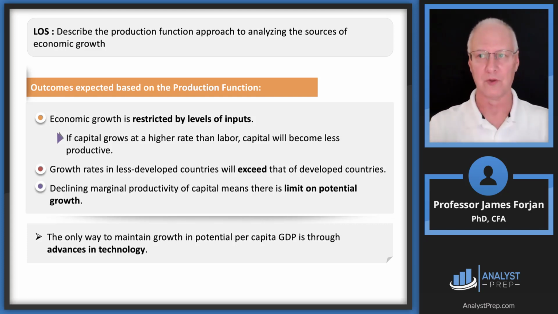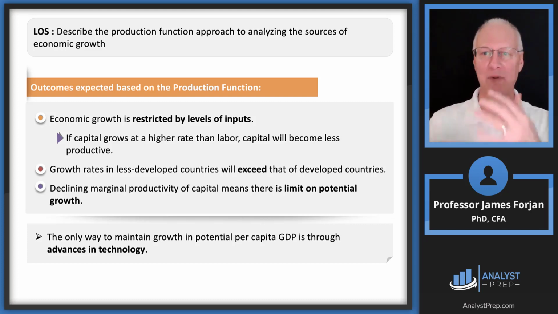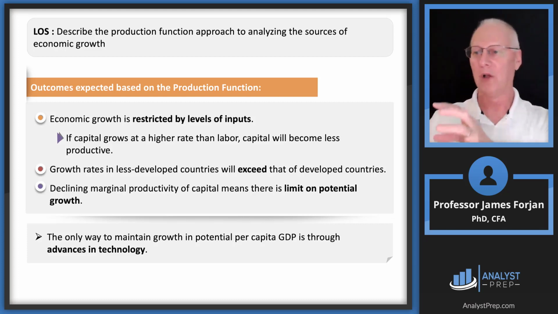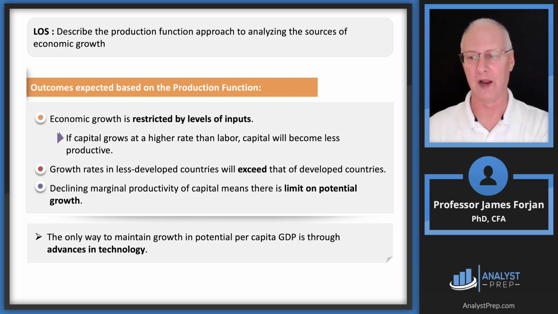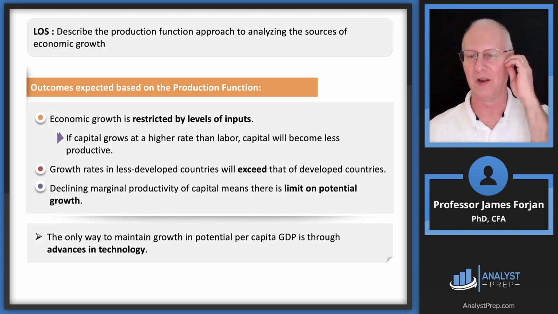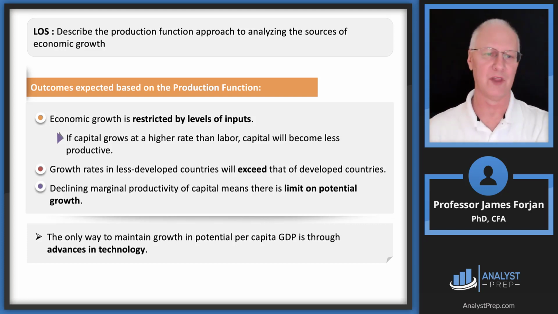We have 100 workers and we have the capacity for 150. Well, let's suppose that all of a sudden, for some crazy reason, we put 1,000 workers in there. So the labor market is growing more than the capital market is growing. If you throw 1,000 workers in there, they're going to be bumping into each other. They're going to be elbowing each other. They're going to be doing all sorts of things that are not efficient.